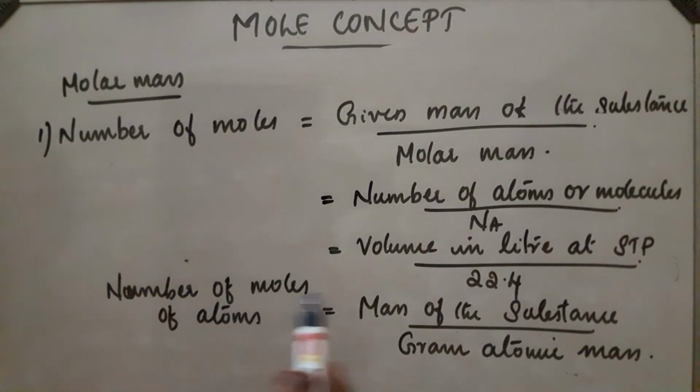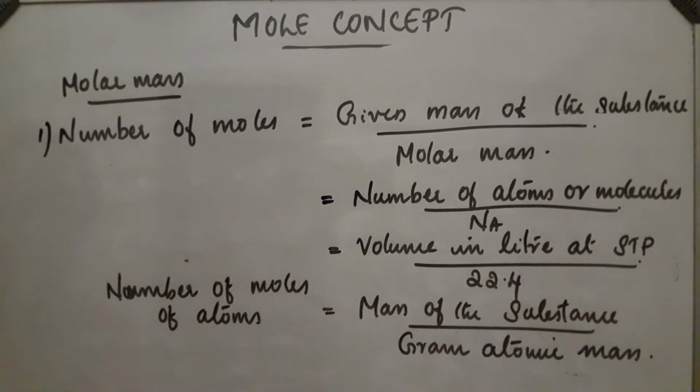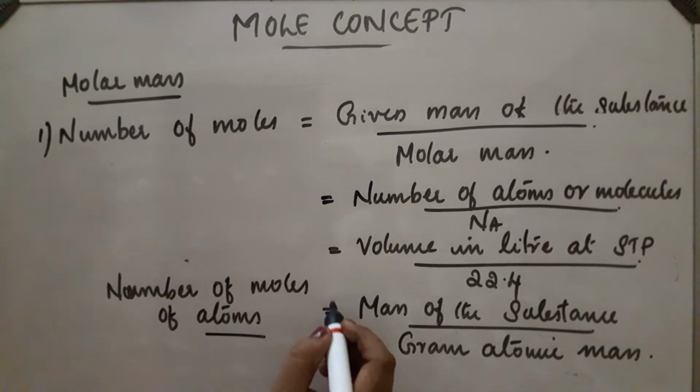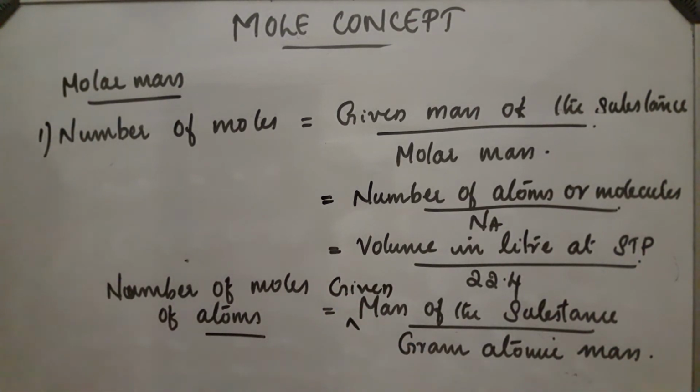If volume at STP is given, number of moles equals volume in liters at STP divided by 22.4. In the case of atoms, we divide the given mass of the substance by its gram atomic mass.